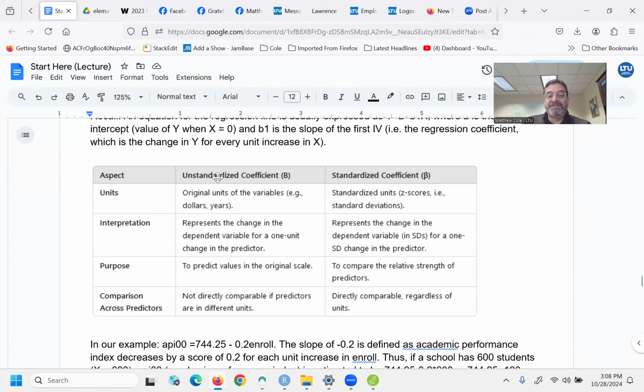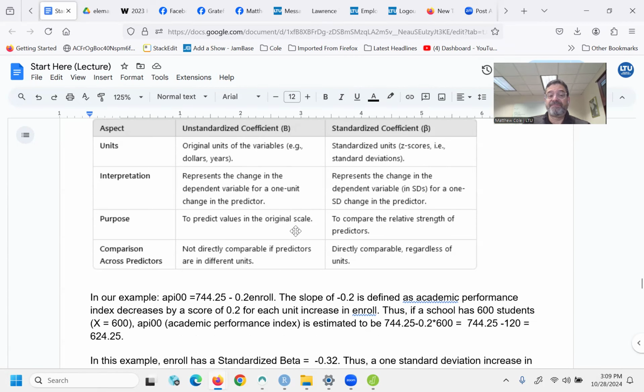So the unstandardized coefficient is in the original unit of the variable, but the standardized coefficient is in standardized units, which are z-scores or standard deviations. The unstandardized represents the change in the dependent variable for a 1-unit change in the predictor. The standardized represents the change in the dependent variable in standard deviations for a 1 standard deviation change in the predictor.